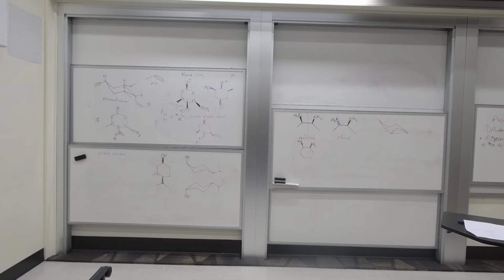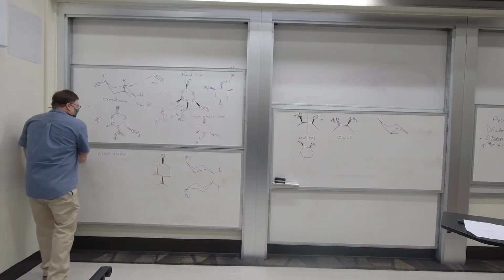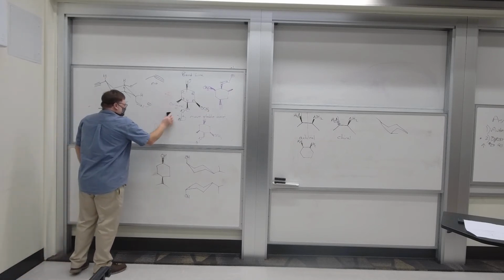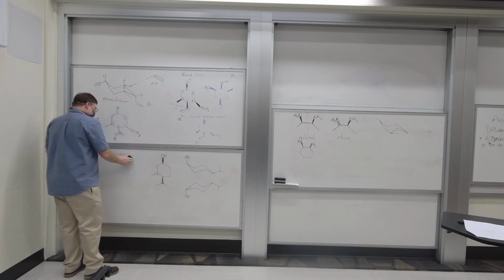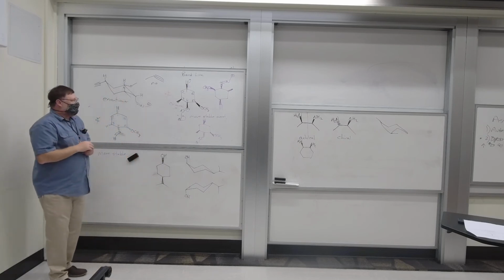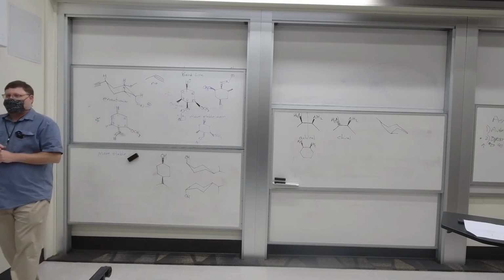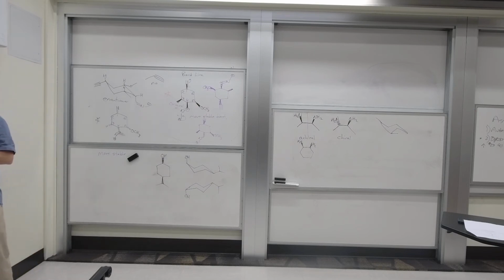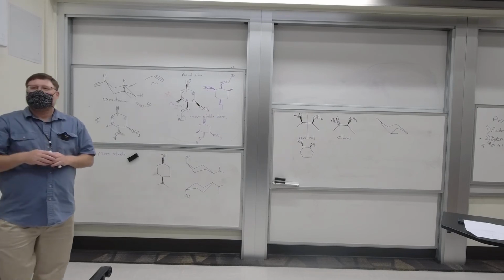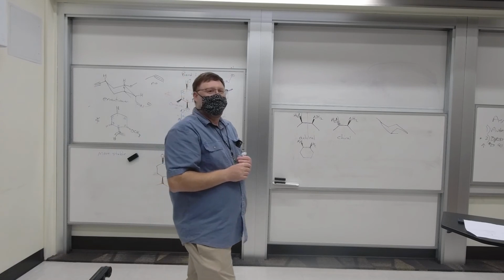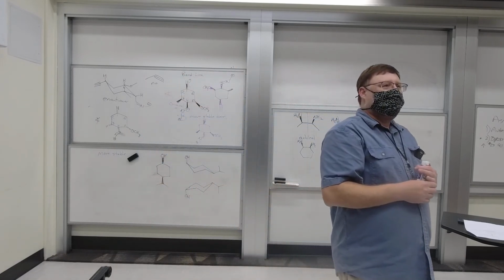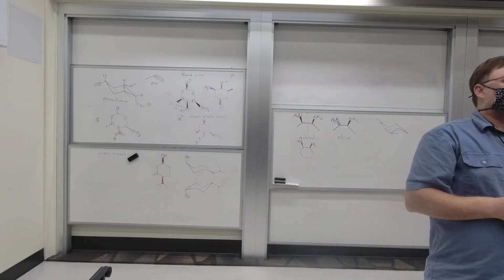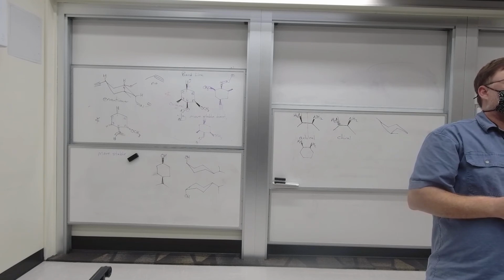Okay, good. Funny, we're all clear now. So take a moment, if you haven't already, to figure out R and S for these chiral centers. Since all of them are wedges, so they're forward, could we say that all of the hydrogens are back?